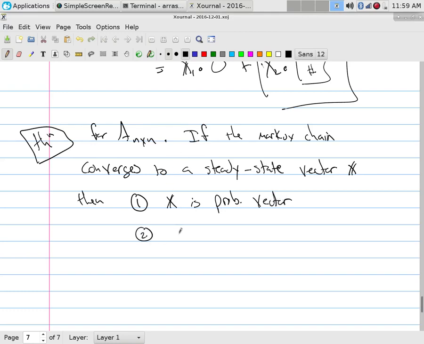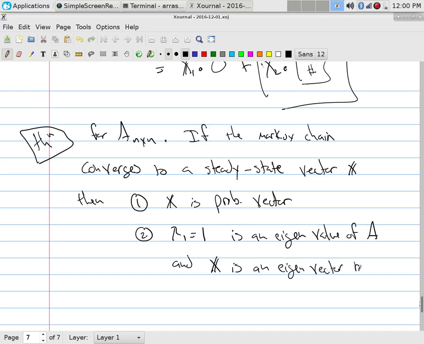2, that's because it's part of the system, lambda 1 equals 1 is the guy who determines it, and this is an eigenvalue of A, and x is an eigenvector belonging to lambda 1 equal 1.